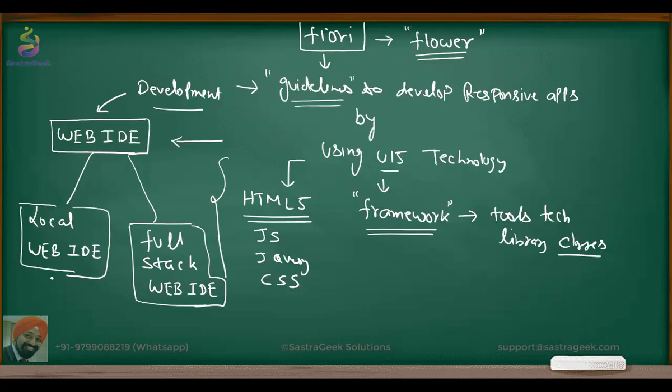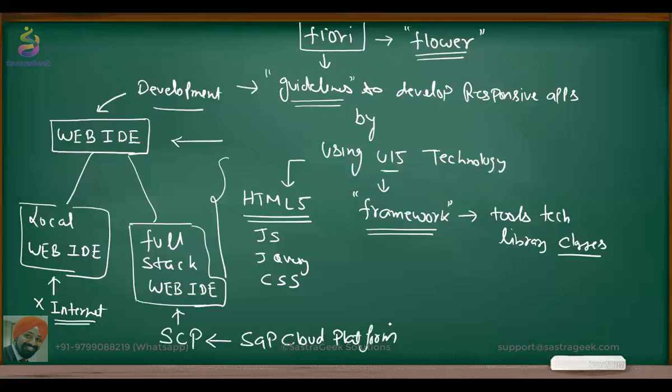With local Web IDE, your local user would be working without any internet connection. You would be able to work; it would be loaded on your local machine, and all the things would be saved on your local machine. Full stack Web IDE works with SCP, SAP Cloud Platform. So you need to log into SAP Cloud Platform and use that tool from the cloud platform.